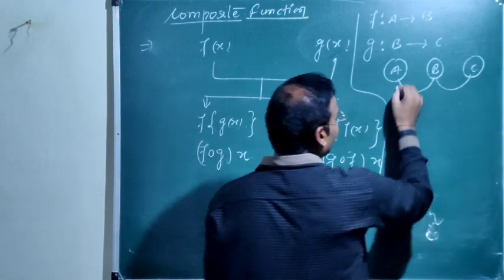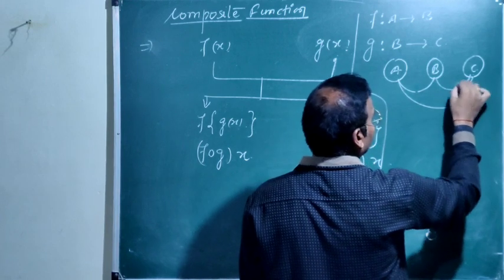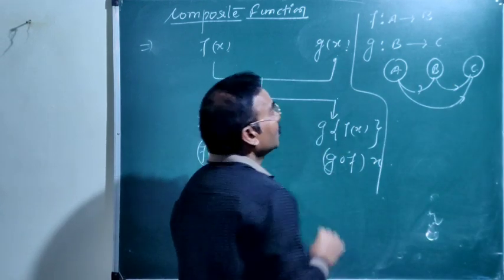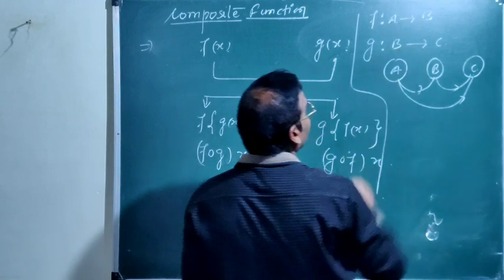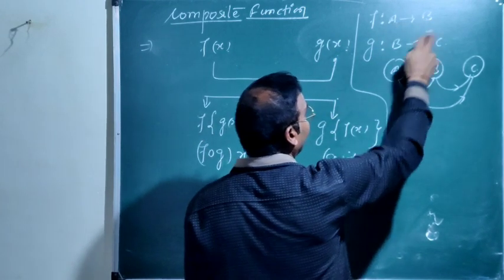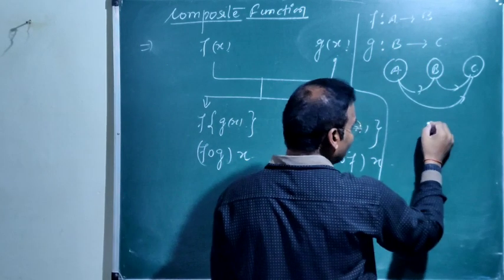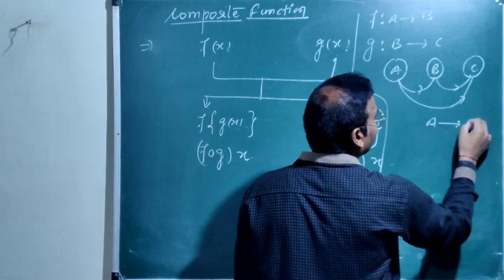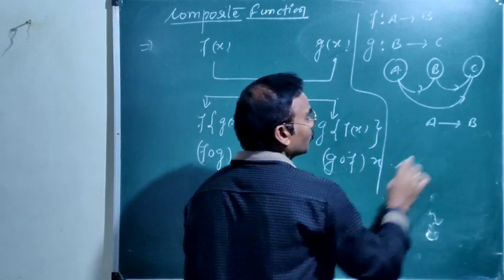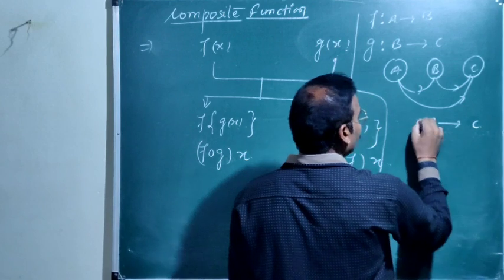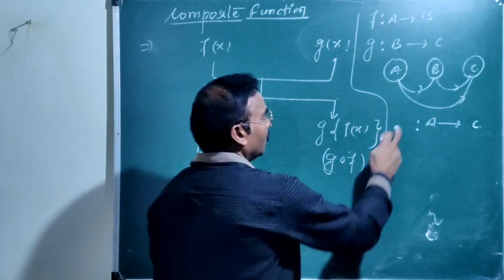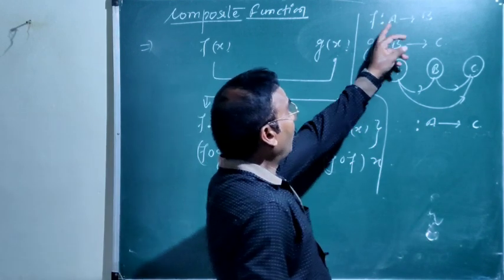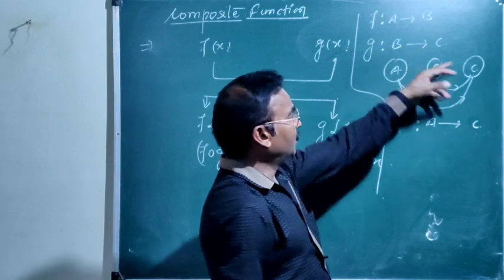So for composition there should be a to c. So the composition of f from a to b and g from b to c is a to c. I am asking a question, what will be here?